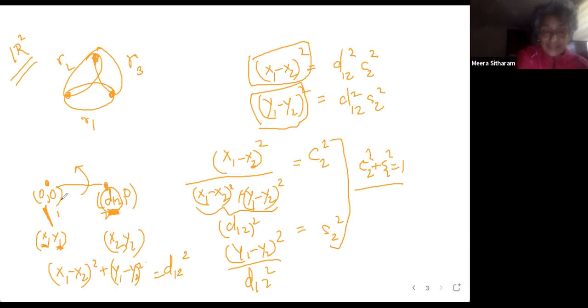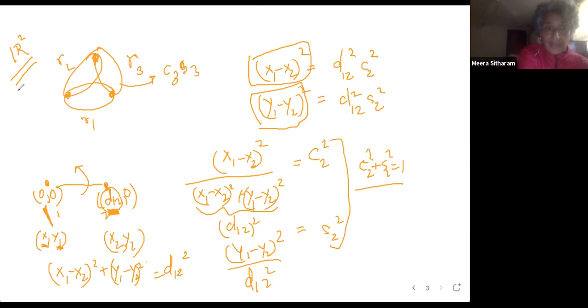What you did in the beginning was pinning each one of these into its local coordinate system by setting one of the variables to 0 and the other to something. Instead, if you had just done what we just did, then for each one of these, so for R3, you'll have a C3 and an S3 and a translate for one of the points, and the same thing for this one.